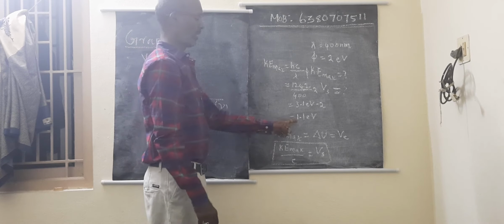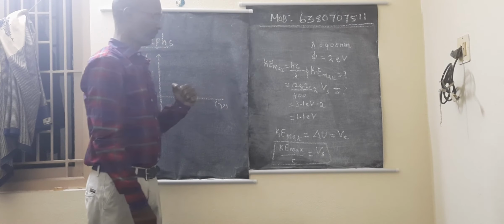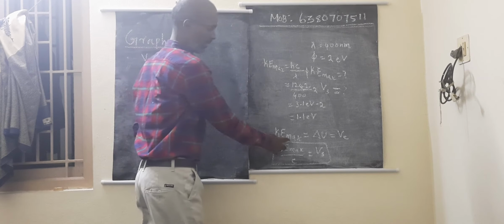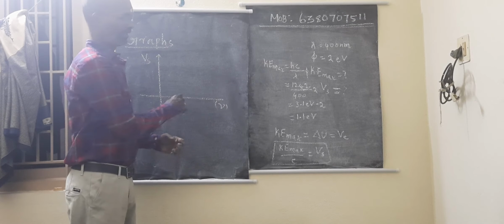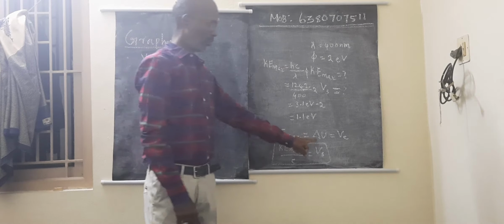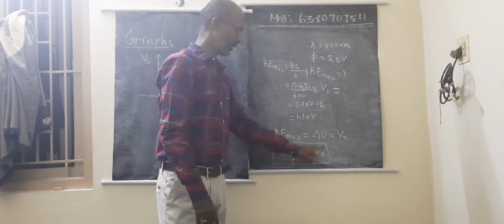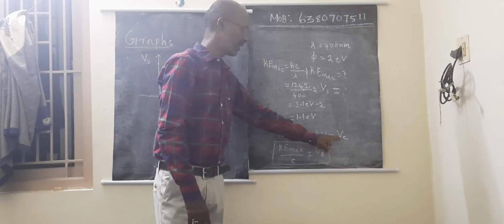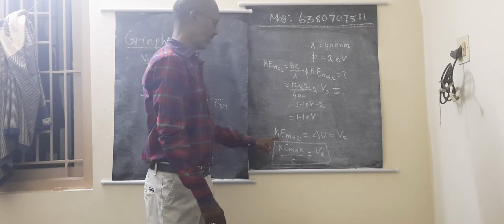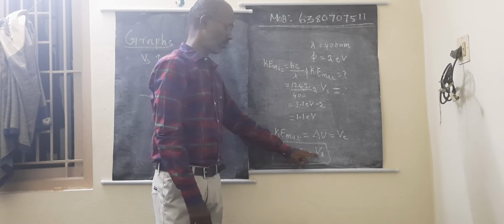So this is the maximum kinetic energy attained by the electron. Kinetic energy max is nothing but the change in potential energy. Already we have discussed that. Potential energy is nothing but voltage into charge. Suppose you want to find the voltage, divide the kinetic max by the charge, and you will get one potential.